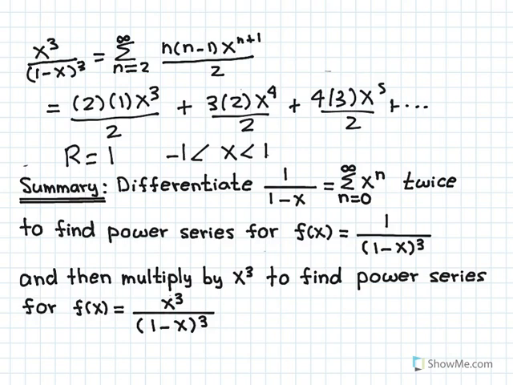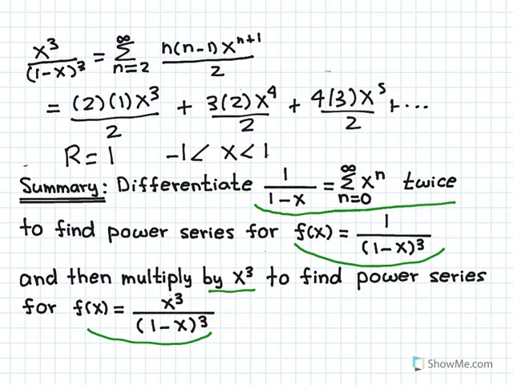All right, let's do some summary. So basically, we started with the geometric series 1 over 1 minus x is equal to summation n equals 0 to infinity x to the power of n. We differentiated twice to find the power series for the function f of x is equal to 1 over 1 minus x to the power of 3. And then we multiplied by x cubed to find a power series representation for f of x is equal to x cubed divided by 1 minus x to the power of 3.